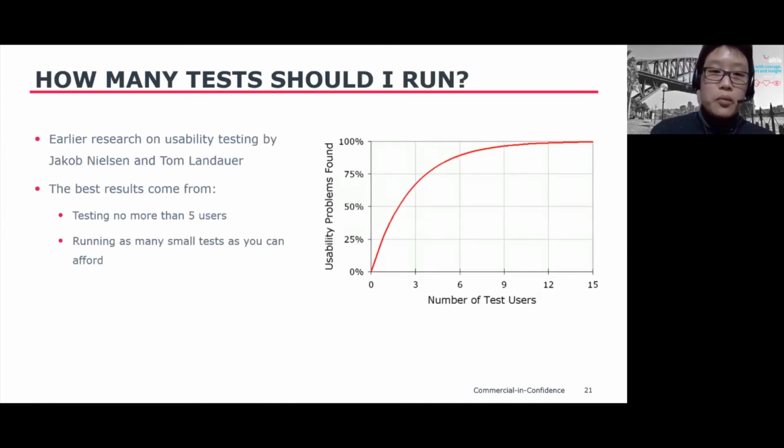Then some of you might have the question that since usability testing is so important, but we have a limited budget, how many tests should I run? So I would like to share some interesting research, which is a collaboration between human-computer interaction, in other words HCI, and psychology. Jakob Nielsen is an HCI scientist, whereas Tom Landauer is the psychologist.